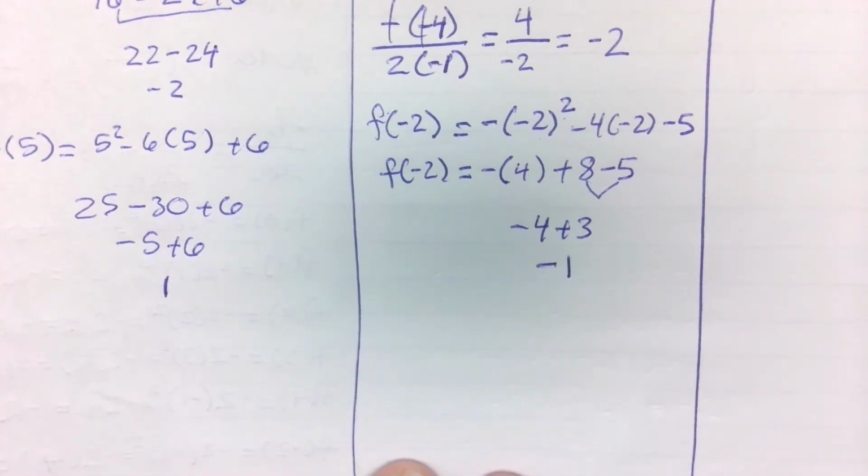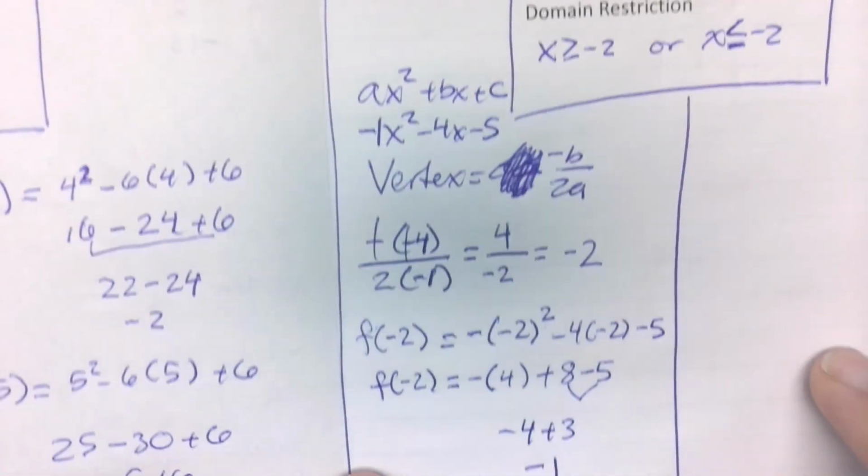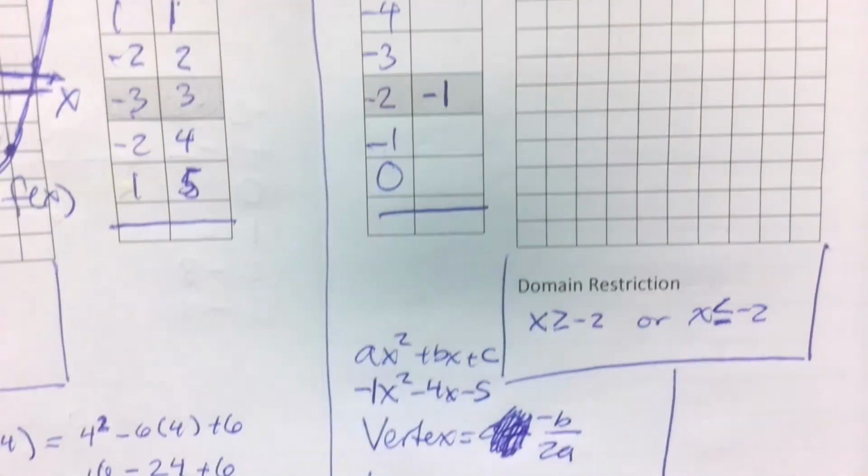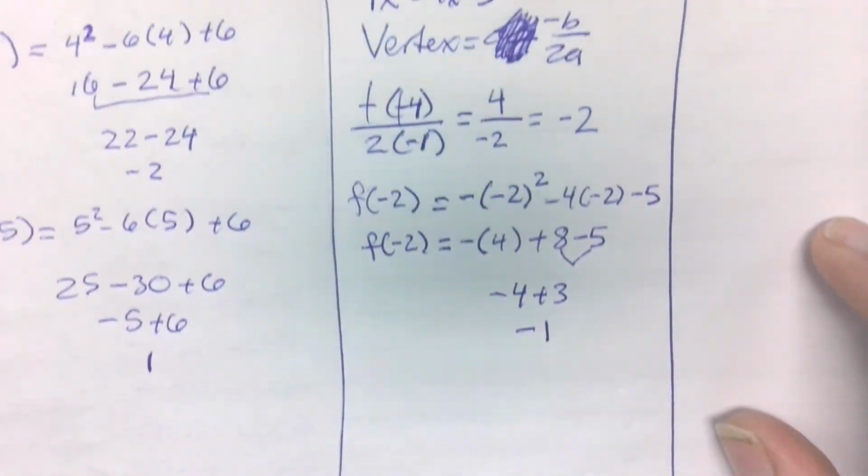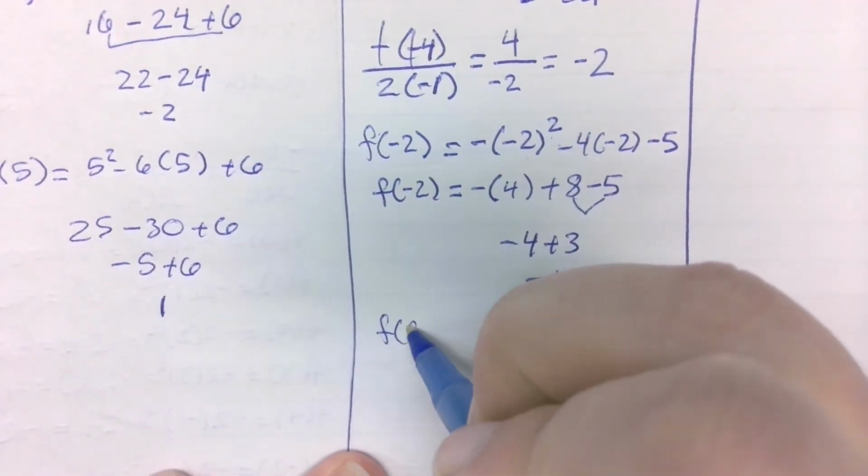What number is going to be the easiest to plug in? Of the choices we have, which one's the easiest? 0. F of 0.